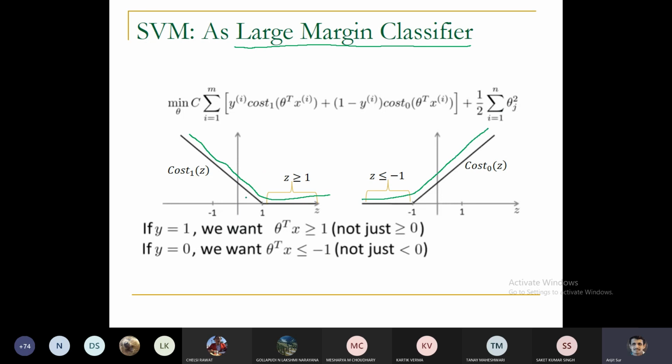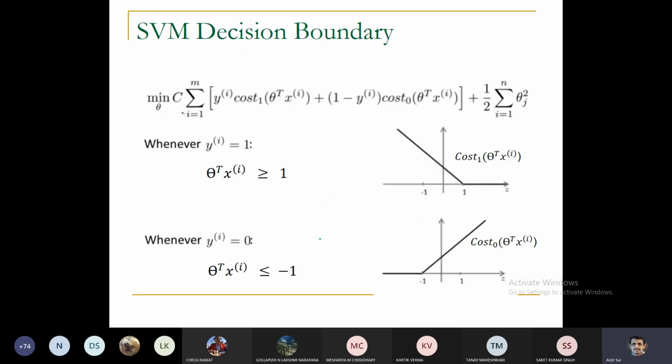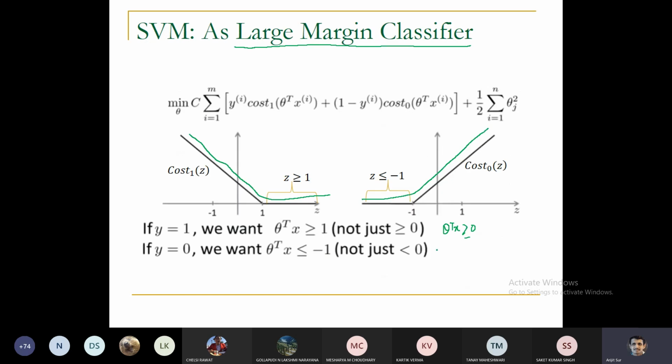Now we can approximate such that instead of theta transpose x greater than or equal to 0, we can put greater than or equal to 1. You can see it here. And for theta transpose x less than or equal to 0, it should be minus 1. So this is exactly it.